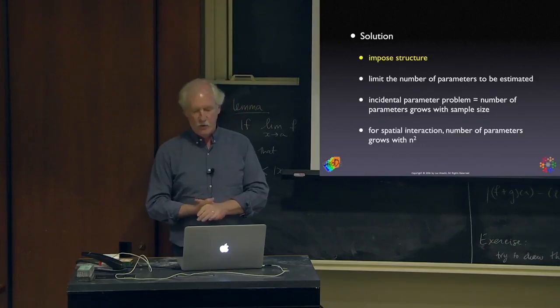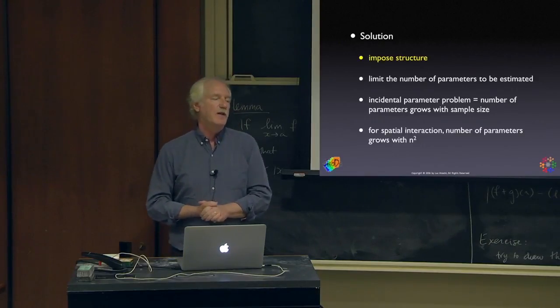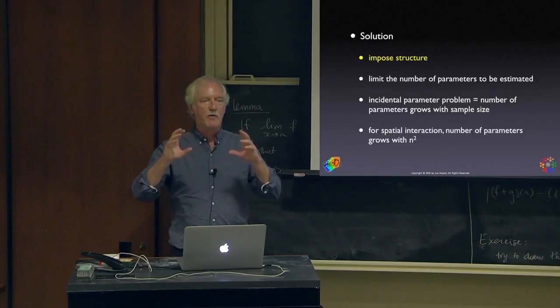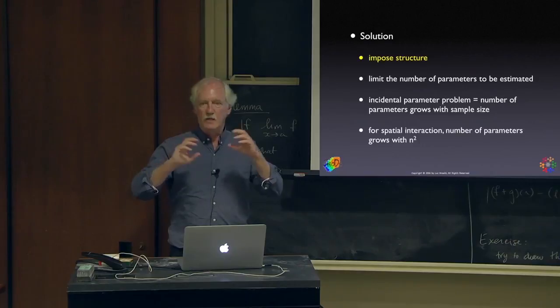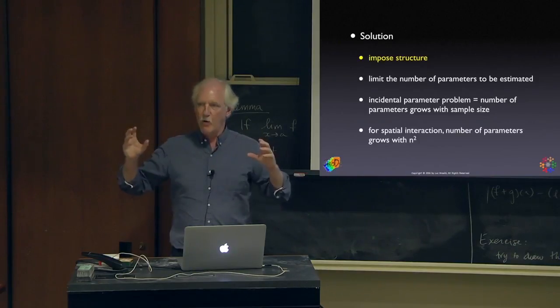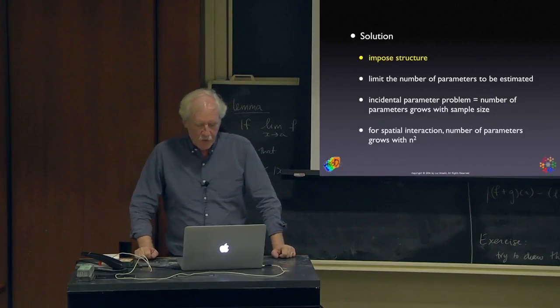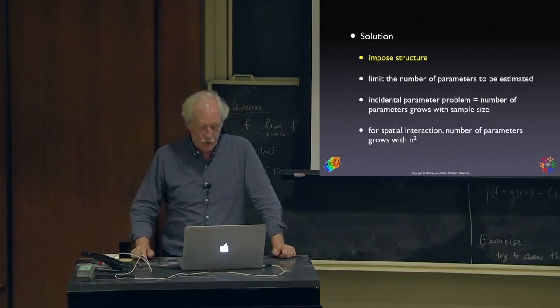It's whenever your number of parameters grows with the sample size. So if you think of spatial interaction as your n squared parameters that you're trying to estimate, the interaction parameters, as the sample size grows, there's more of those you need to estimate. So you can't win this. And for spatial interaction, the problem is even worse because it's n squared.